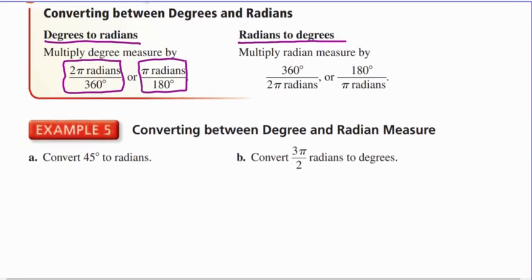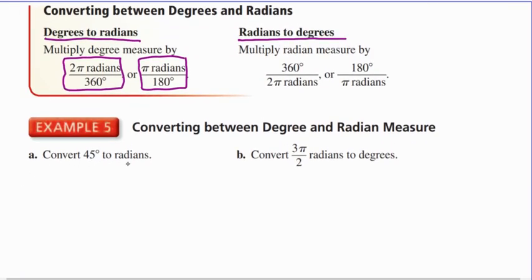So in order to convert 45 degrees into radians, I'm going to take 45 degrees and multiply that by pi radians over 180 degrees. And you will notice the degree in the numerator cancels the degree in the denominator. Okay, when we convert this to radians, what we actually want to do is just reduce the fraction.